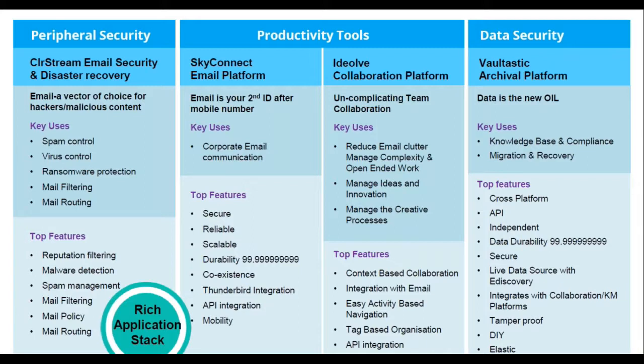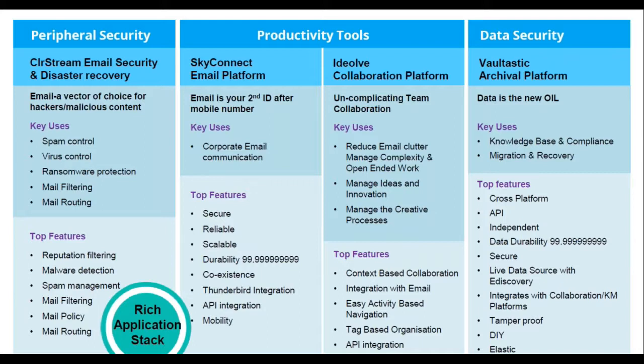Once this is done, there are two productivity tools that come into this collaboration stack. One is the SkyConnect email platform, and like I mentioned, this email platform has to be secure, reliable, scalable, and durable. So we have the email stack.